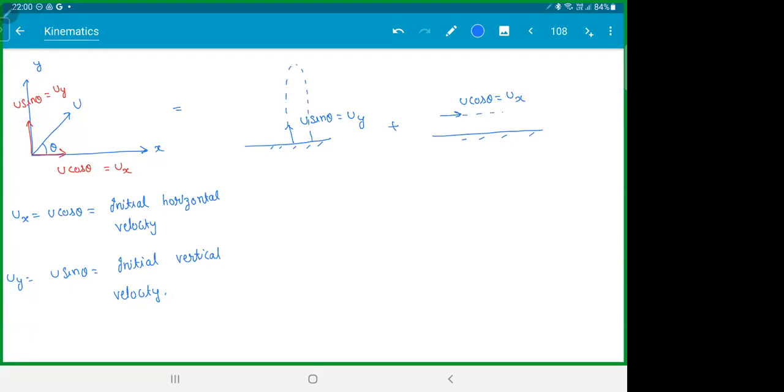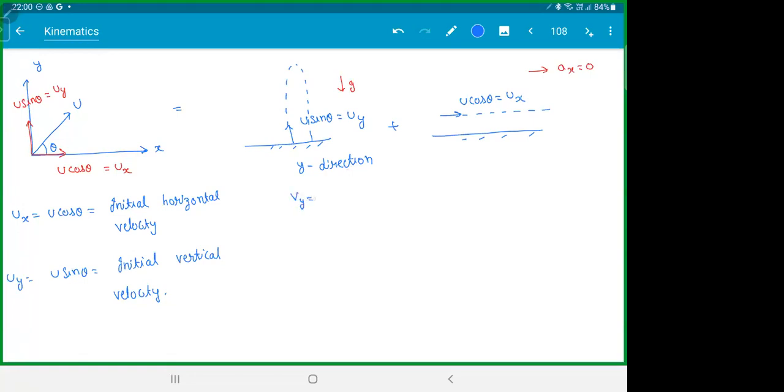This one will simply go horizontal. Here the gravity is g downward, and here the acceleration ax is 0. So this motion here will give you everything in the y direction. When you throw this particle into the air, whatever happens in the y direction is given by this y component. So look at the equations.